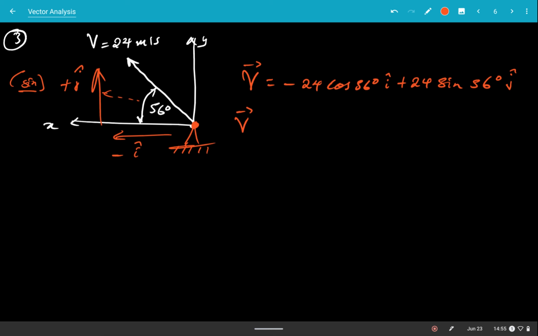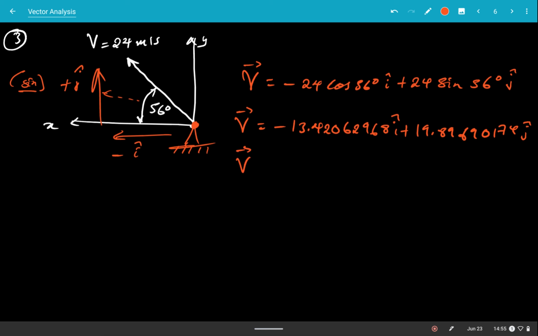All we have to do is compute this with our calculators, and we get something like minus 13.42062968 in the i, plus 19.89690174 in the j.